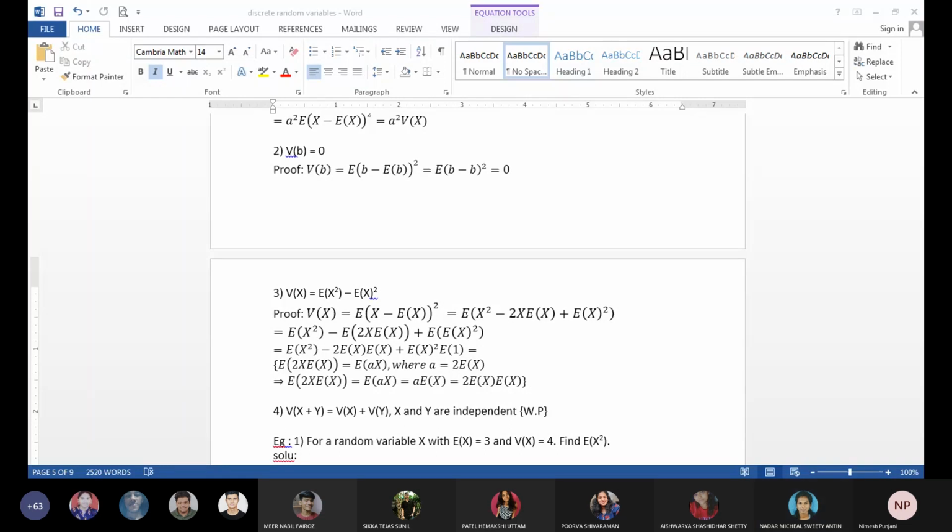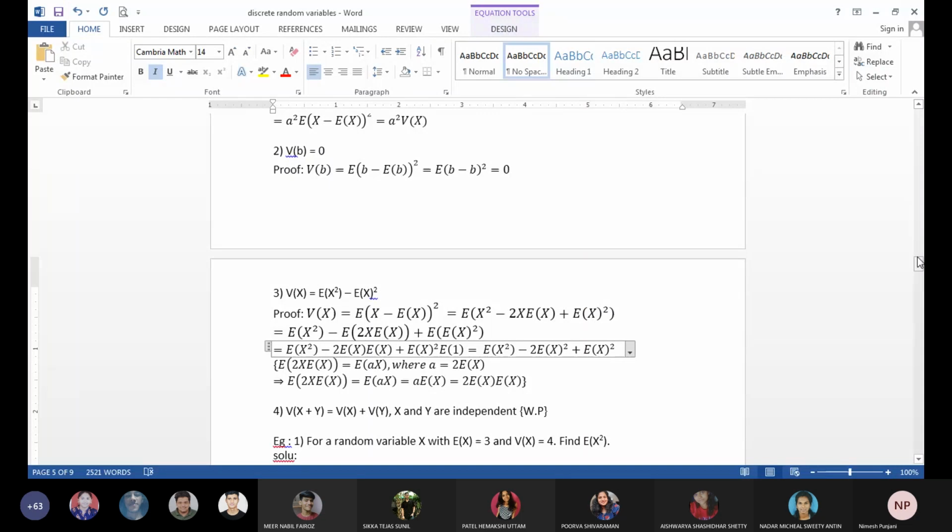Now tell me, what is expected value of 1? Expected value of 1 is 1. Expected value of b is b.